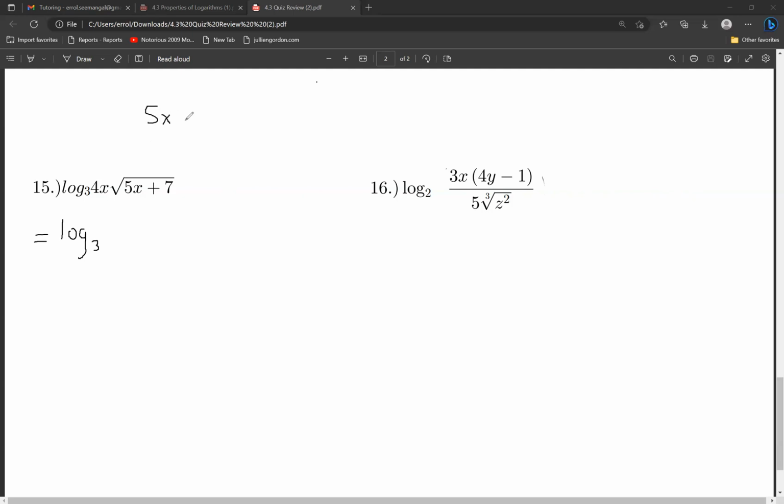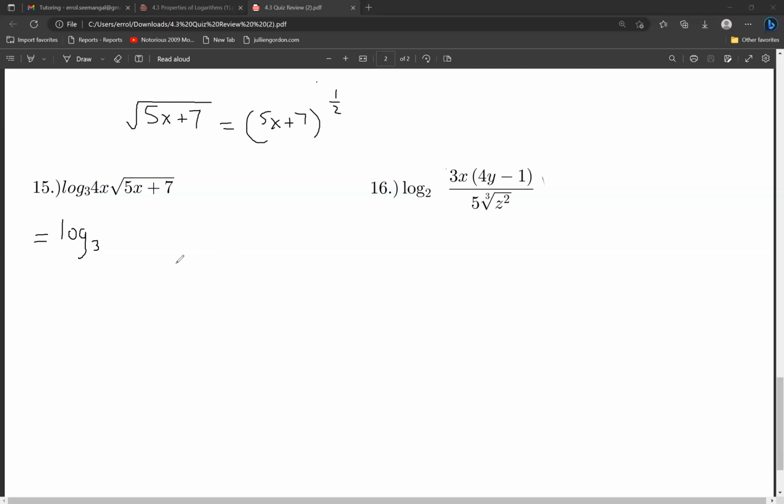No, no, because it has a square root, and you have to add 7 to it. So you can rewrite it like this though: 5x plus 7 to the half. That's the same thing. None of those are divisible by half, though. No, none of them are going to split into half.